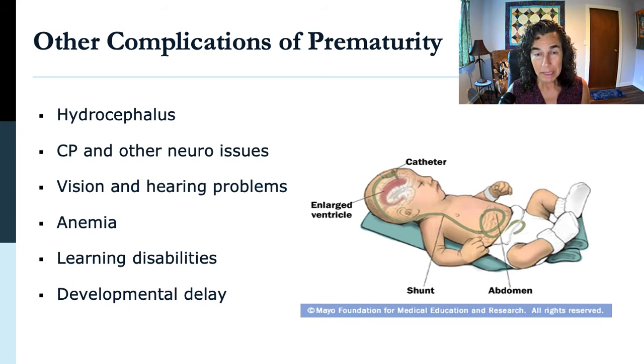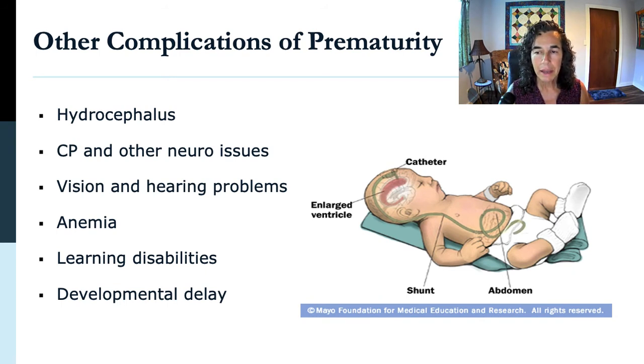As if that wasn't enough, there's a range of other conditions and complications that are associated with prematurity. They include hydrocephalus, which is, as you can see from this image, a collection of fluid around the brain.